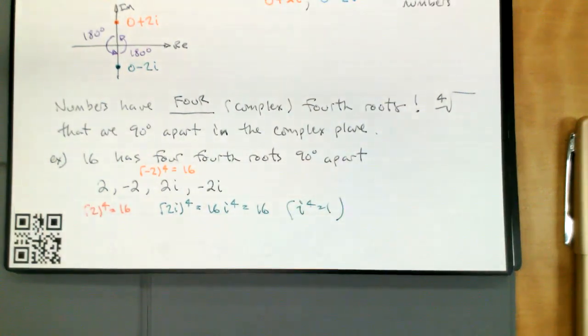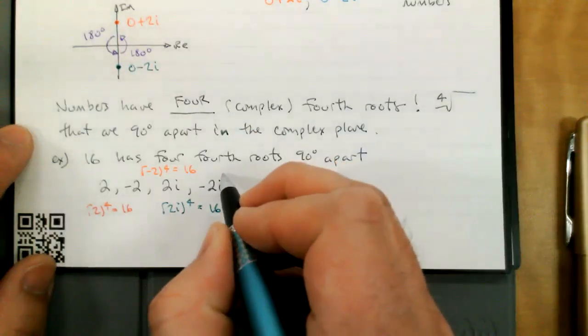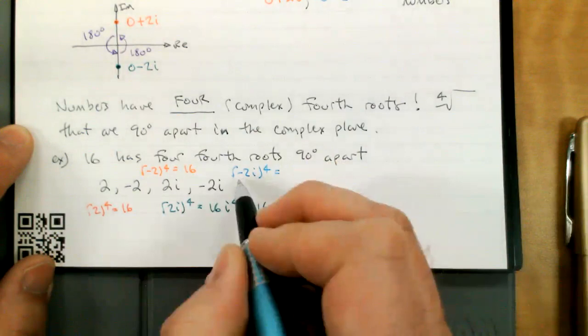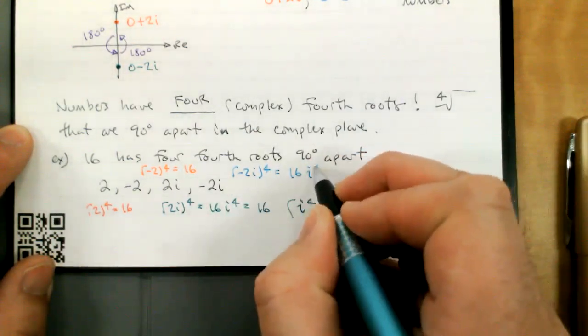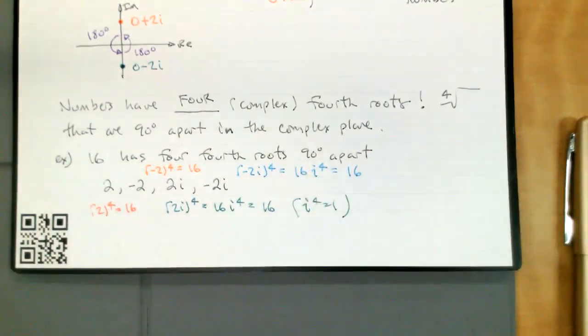So we end up with 16. And if I have negative 2i to the fourth power, the same thing happens because negative 2 to the fourth power is 16, and i to the fourth is 1. So there are 4 numbers such that when you raise them to the fourth power, you end up with 16. 16 has 4 fourth roots.